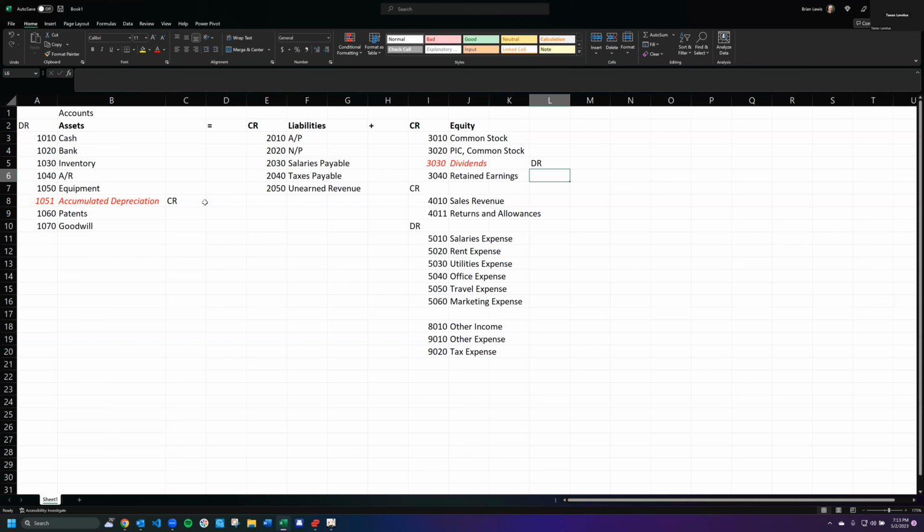Okay, so that's your normal account balance description, whether it's debit or credit. So with that in mind, we've got our chart of accounts, we've got our balances, whether they're normal debit or normal credit, and whether they're a contra account. Those are your basic summary pieces of information. You following me so far?